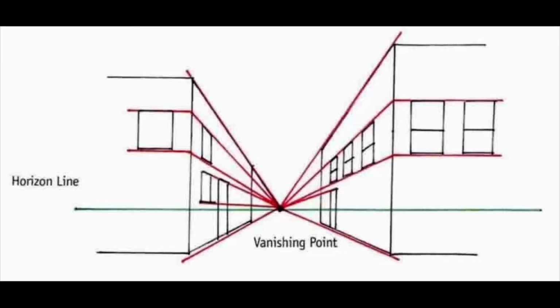Now your orthogonal lines are the red lines that are leading to the vanishing point, and it's connecting all of the other lines from the buildings to that point to create the illusion that everything is vanishing into that space, creating that 1 point perspective kind of illusion.